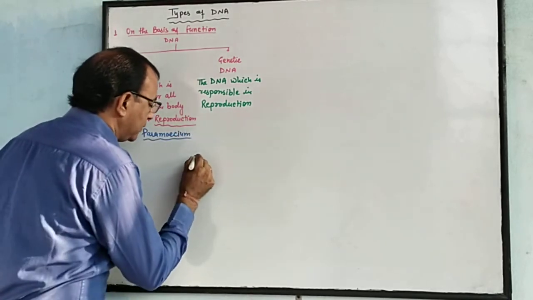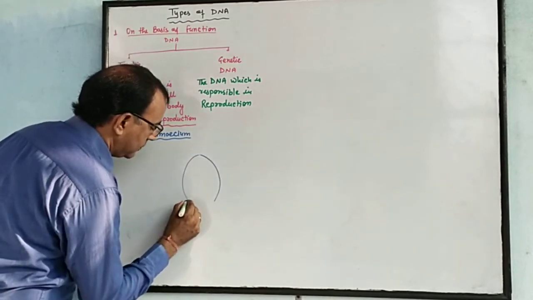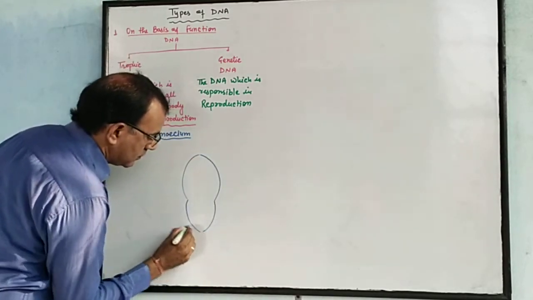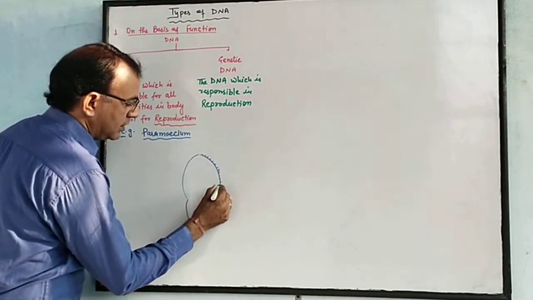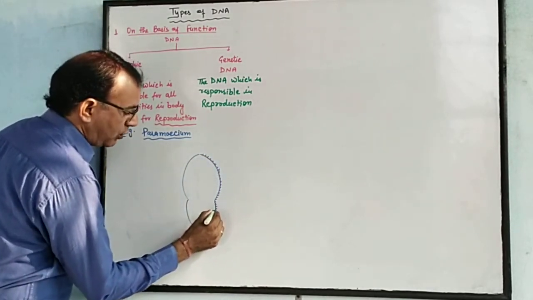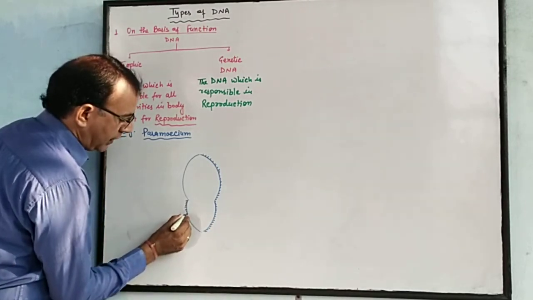This is the structure of paramecium. It contains cilia outside the body. In paramecium, there are two types of nuclei.